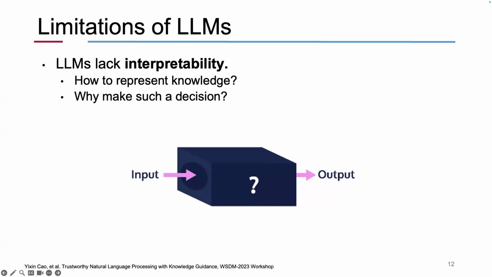An LLM is like a black box. We know that LLMs have billions of parameters, but which parameters are used to generate the answer? This is actually not known. So from this perspective, an LLM is like a black box.